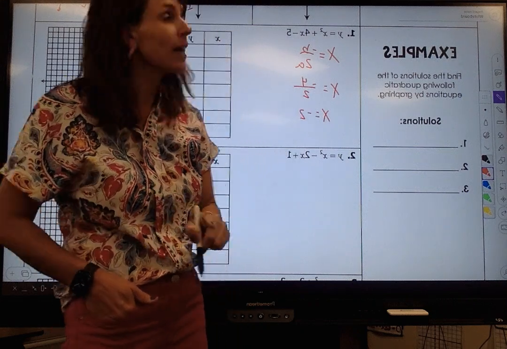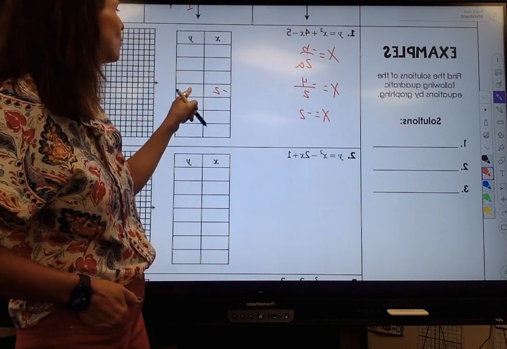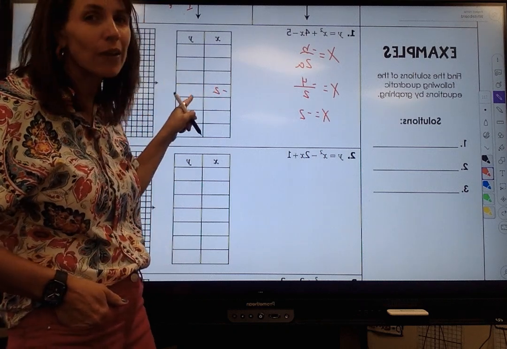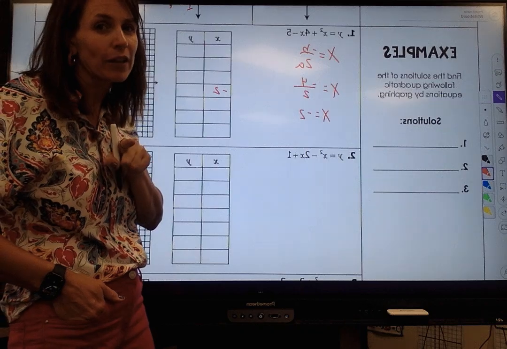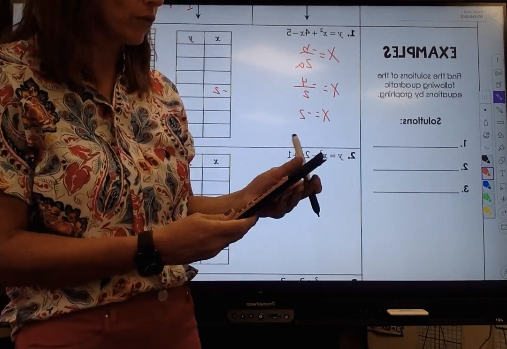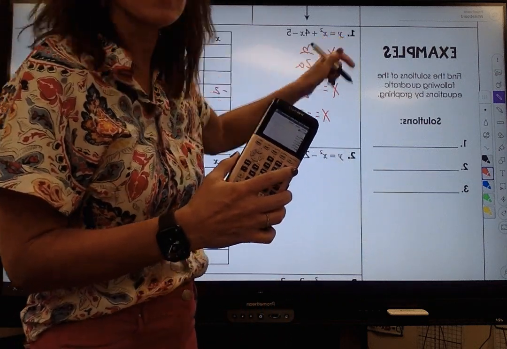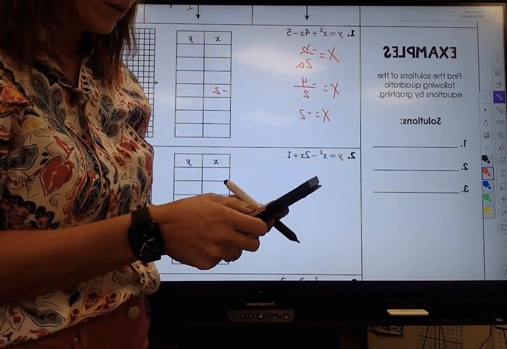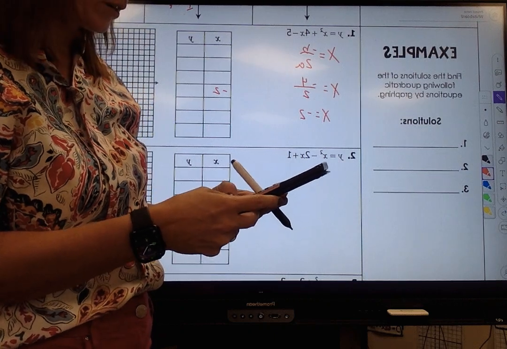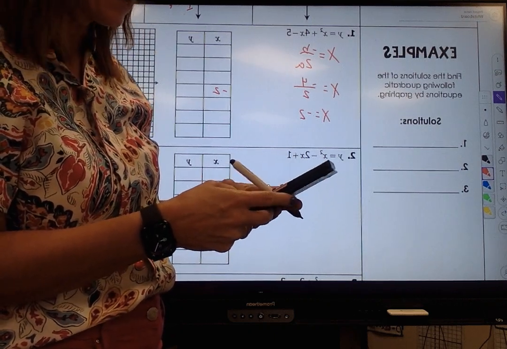That means my vertex is going to be located somewhere along this negative 2 something. I don't really care about that y right now because I'm going to let the calculator do the work for me. When you go to your graphing calculator and go to y equals, I'm going to type this in: x squared plus 4x minus 5.